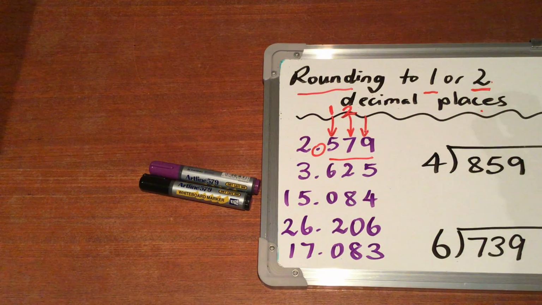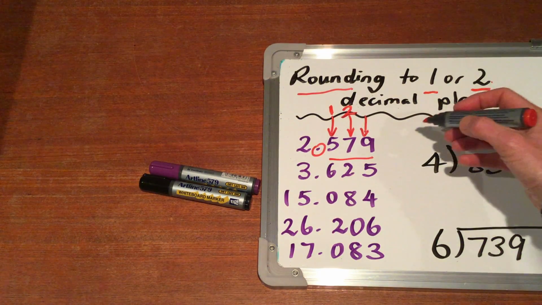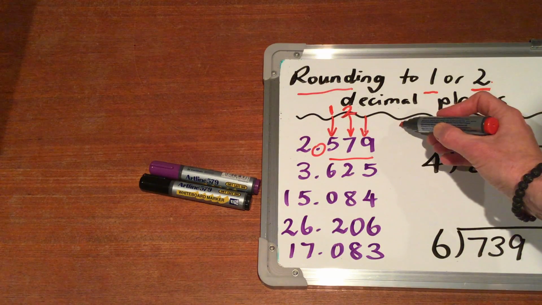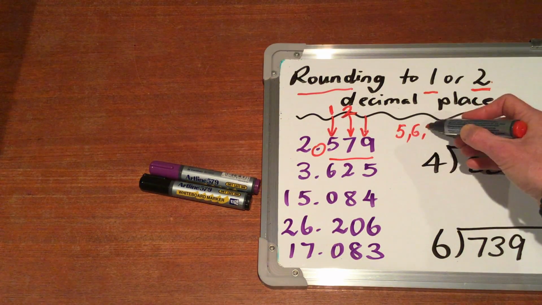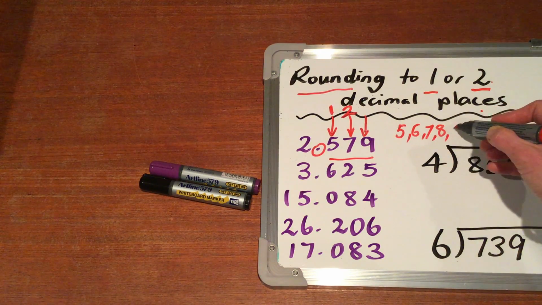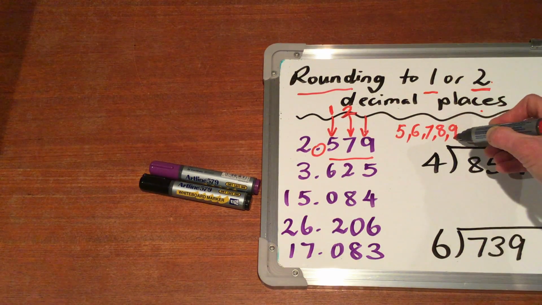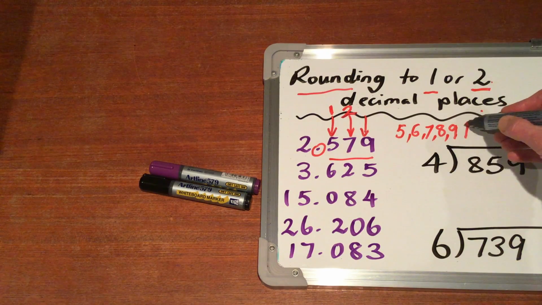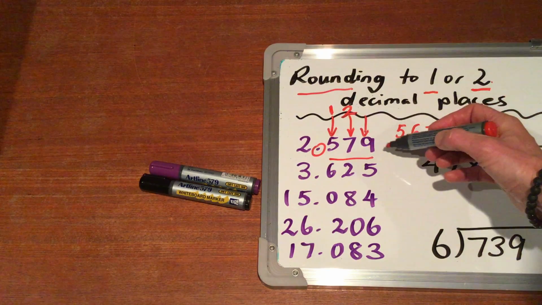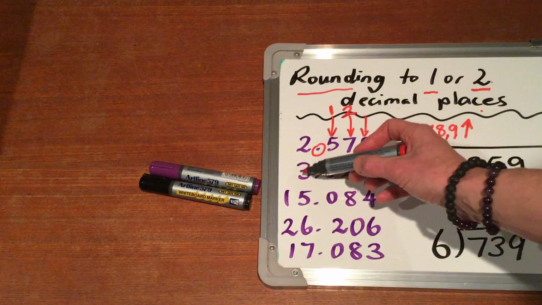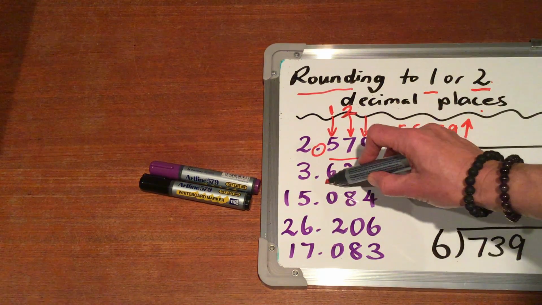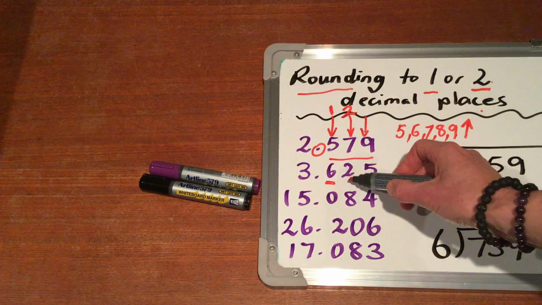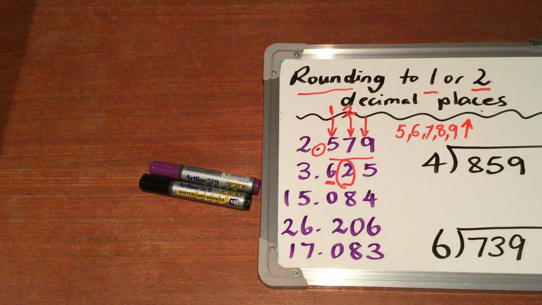Now let's remind ourselves that when we round, if we've got a number that is 5 or 6 or 7, 8 or 9, we're going to round up. So if I look at this number here and I want to round to 1 decimal place, I look at the decimal place next to it.